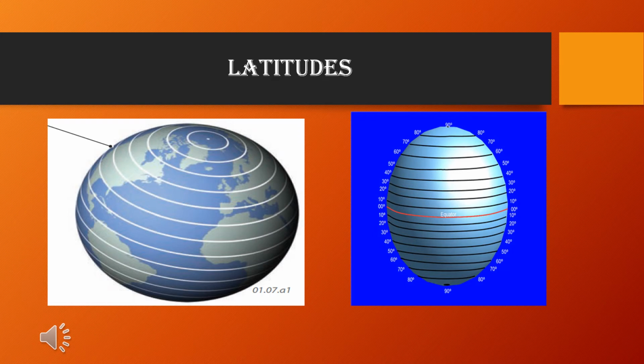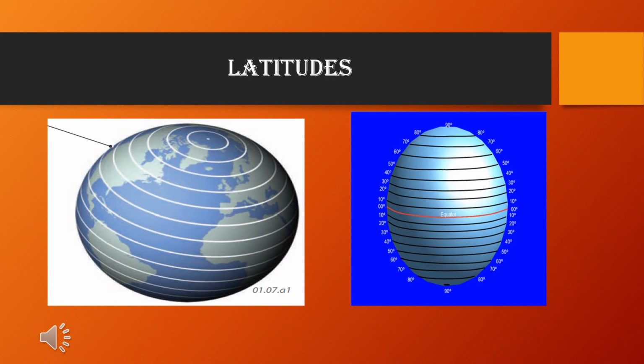Generally, this is indicated by the letter N or S. For example, both Chandrapur in Maharashtra and Belo Horizonte in Brazil are located on the parallels of about 20° latitude, but the former is 20° north of the equator and the latter is 20° south of it.